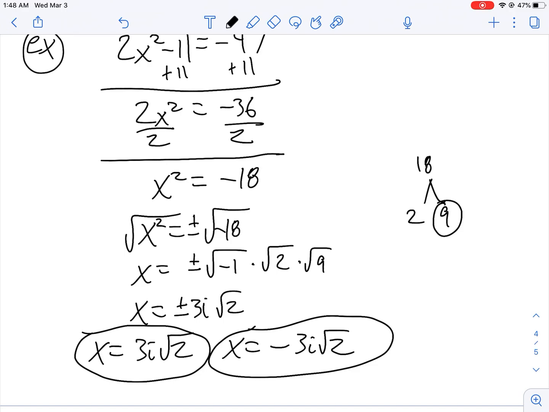You might have a fraction in there. You could have more steps to isolating x squared. You could have it in vertex form, but the process is still going to come out the same. We're still going to have the same process of solving for the squared. When we take the square root, if there's a negative in there, we're pulling i's out. That's it.